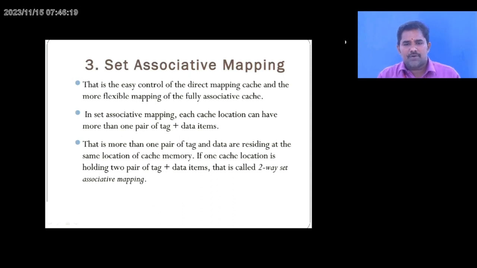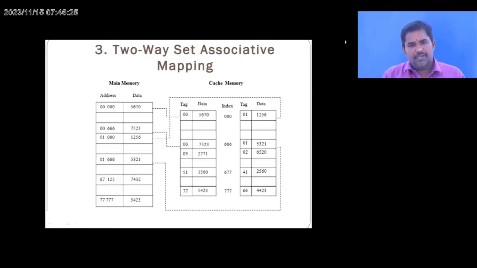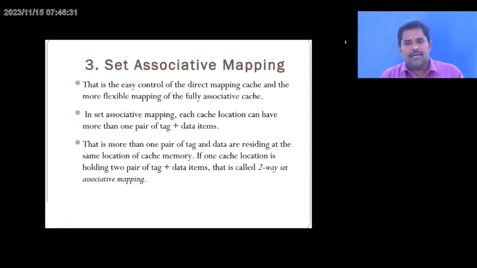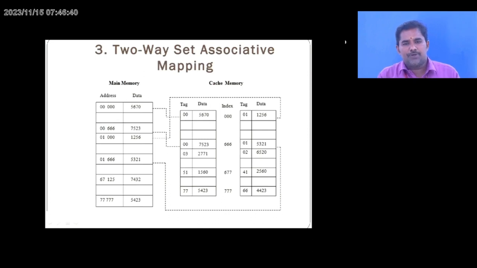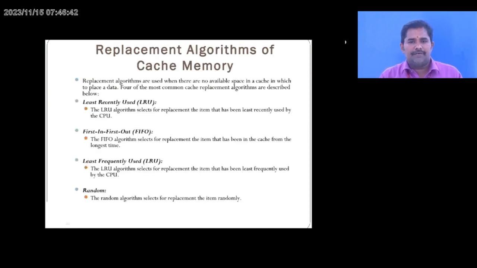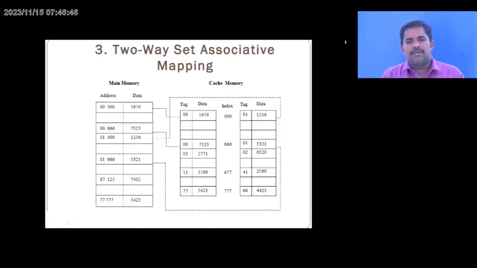If one cache location holds two pairs of tag plus data items, this is called two-way set associative mapping. Here it holds two pairs of tag and data items. In the same way, we can map the cache memory three-way.